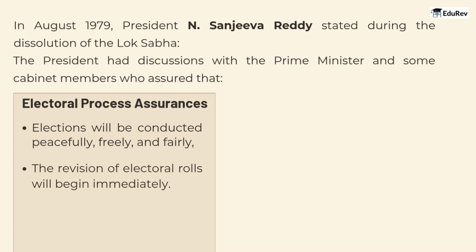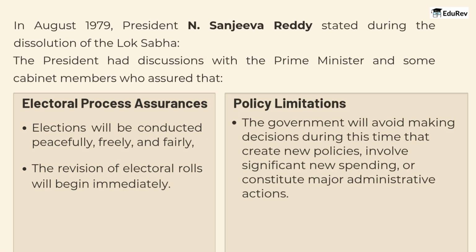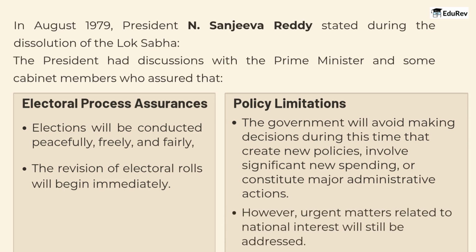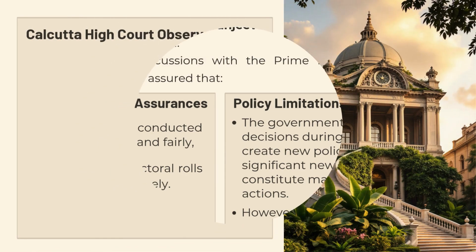The revision of electoral rolls will begin immediately. The government will avoid making decisions during this time that create new policies, involve significant new spending, or constitute major administrative actions. However, urgent matters related to national interest will still be addressed.